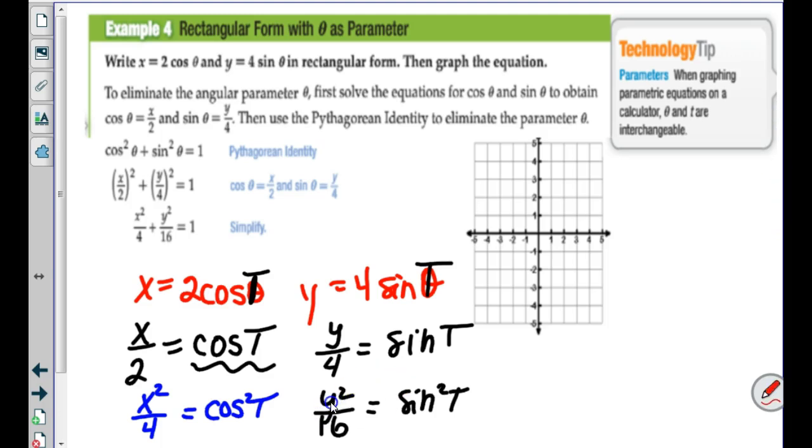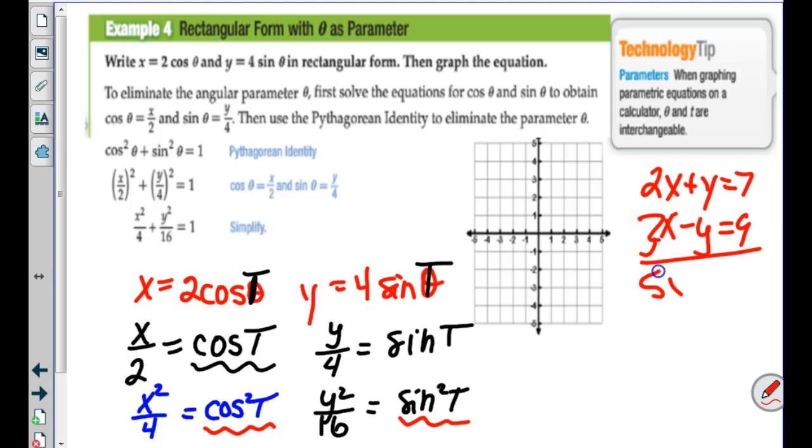Anybody have any ideas where we're going with this? Kind of. What can we do if we add the left sides together, the right sides together? Yes. So if we added these, remember how you could do this? 2x plus y equals 7, 3x minus y equals 9, and you would add these together and get 5x equals 16 or something crazy because the y's drop out.